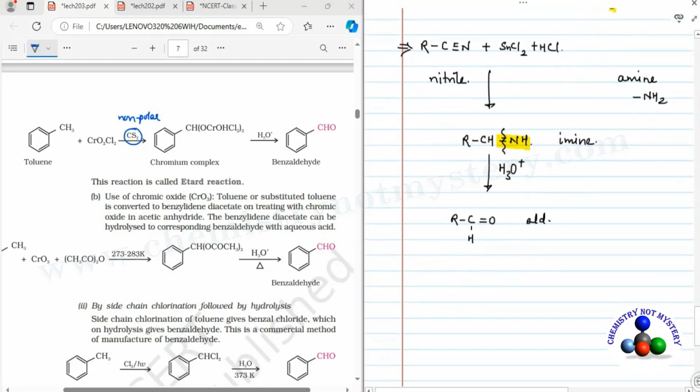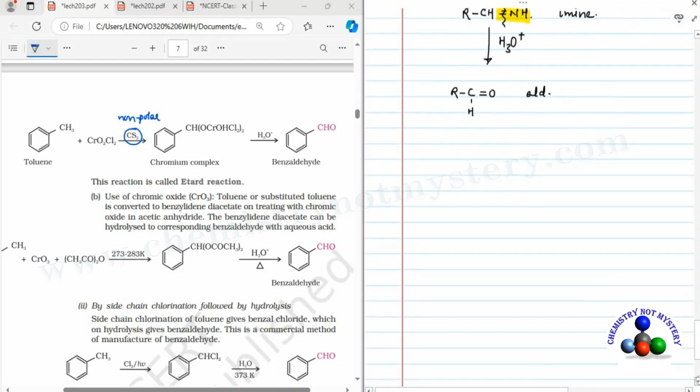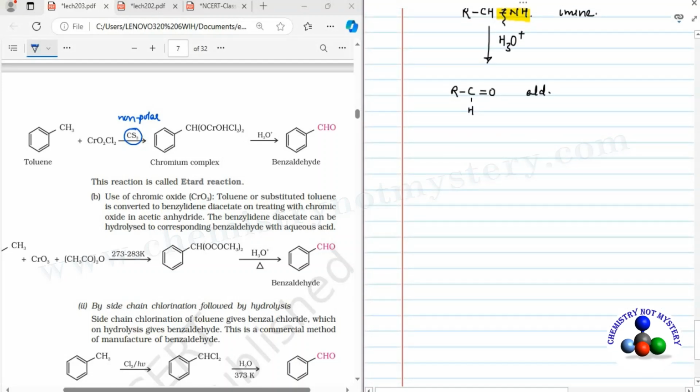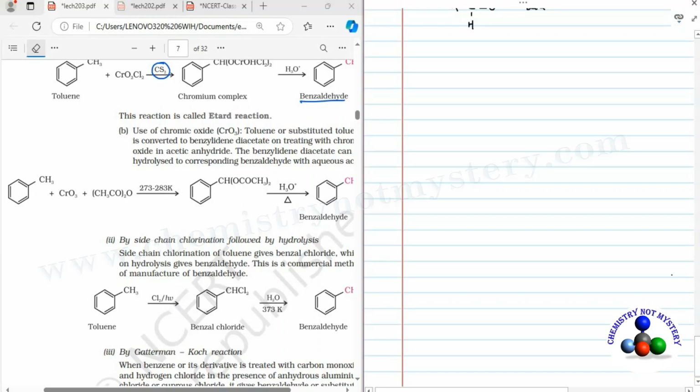So let's learn how to draw the structure or how to remember it. Here this is toluene. Benzene attached to CH3 is called toluene. So this is carbon and it is bonded to 3 hydrogens. Now there is chromium, double bond oxygen, another double bond oxygen, and 2 chlorines.